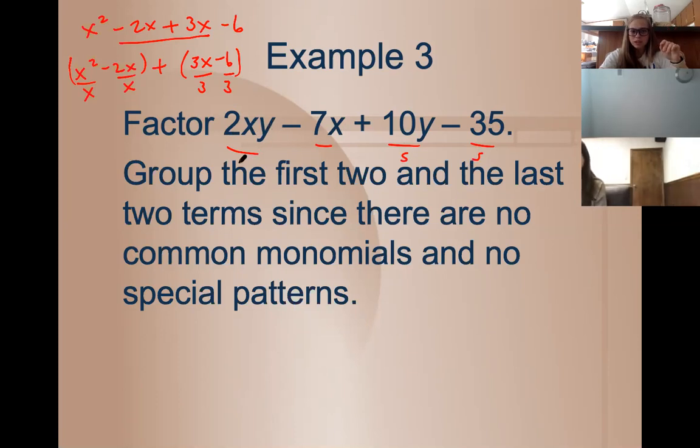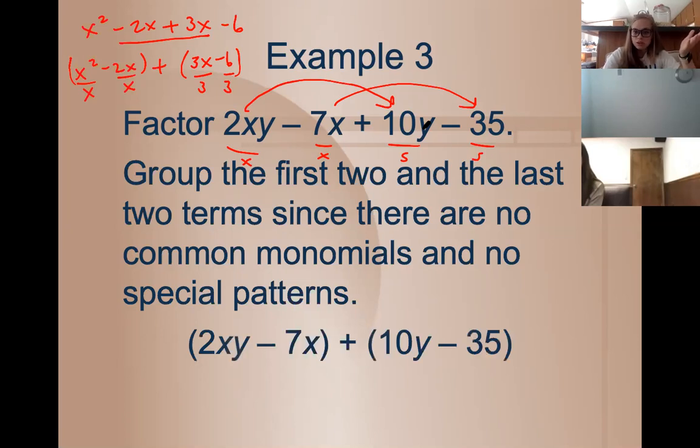Well, I could pull out an x. Sure, you could do that, but it may be better to group 2xy and 10y together, because then you can pull out a 2 and a y. Group maybe 7x and 35 together. Then I can pull out a 7.